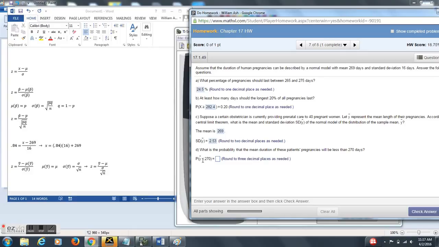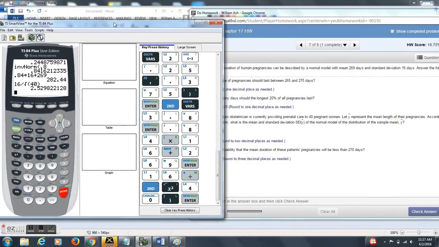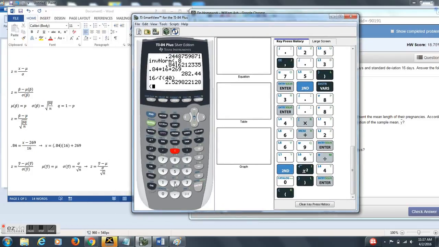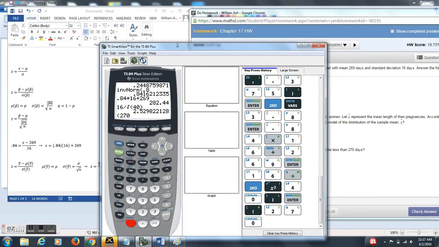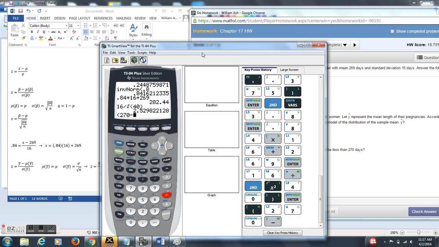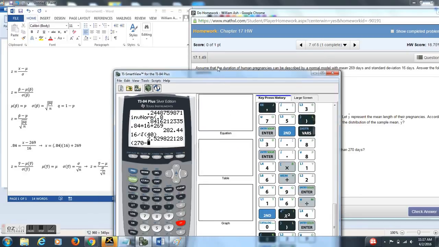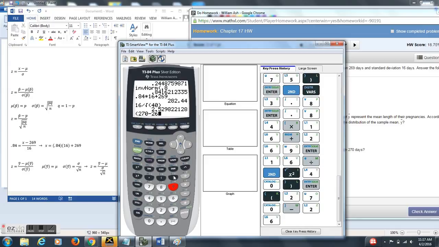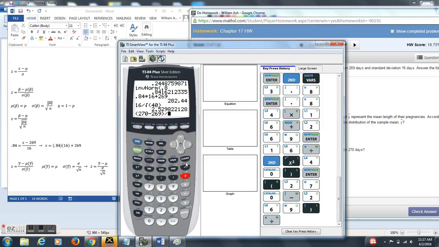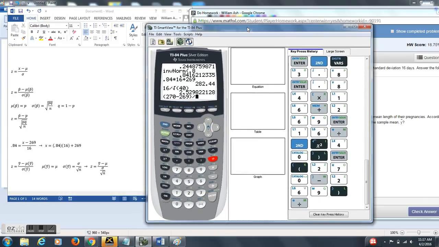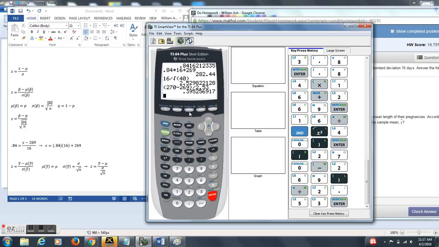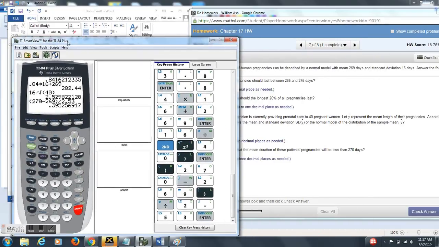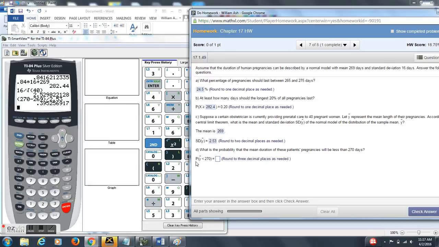First we'll turn it into a z-score: 270 minus the mean, 269, divided by the standard deviation we just found, 2.53. That gave me a z-score of 0.39, and I want what's less than 270.